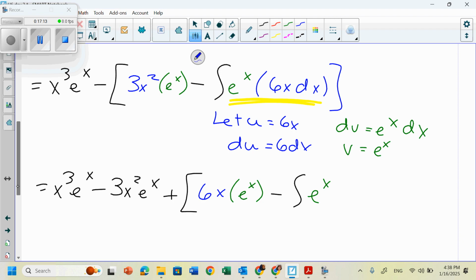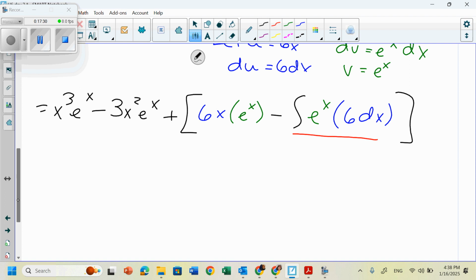Yes, this is taking some steps. This is going to take some paper. So now I'm going to simplify. I have x cubed e to the x minus 3x squared e to the x plus 6x e to the x minus, now I can integrate this, that's just a 6 that's hanging out, comes e to the x, and now I can put my plus c. And I am finally finished. It's got a whole lot of pieces to it.